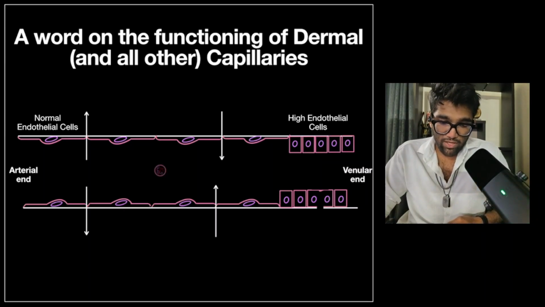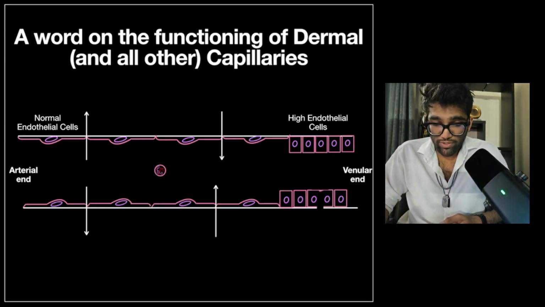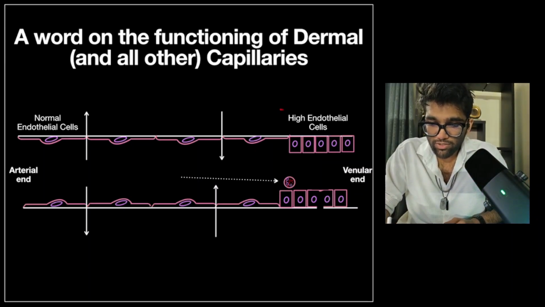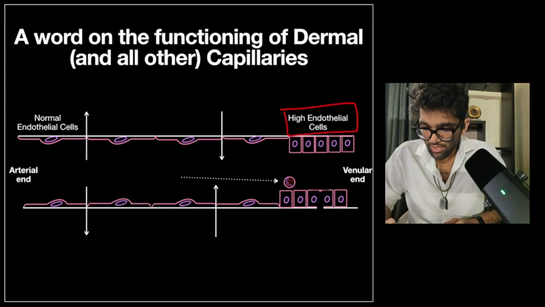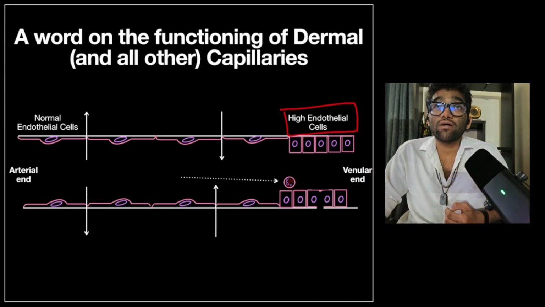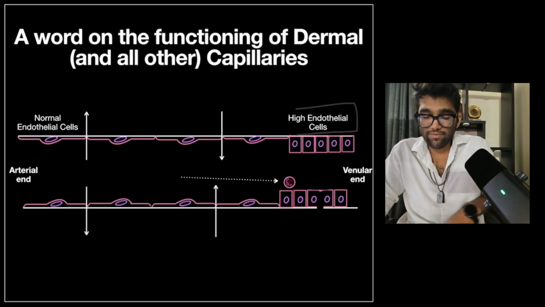Now, what I have drawn here is a neutrophil that is there within the dermal vessel. And this neutrophil is moving in the blood within the vessel. And towards the venular end or the venous end of the capillary, we have a special group of endothelial cells called the high endothelial cells. This is something that I discussed in my discussion on the use of lymph node histology for evaluation of generalized lymphadenopathy.